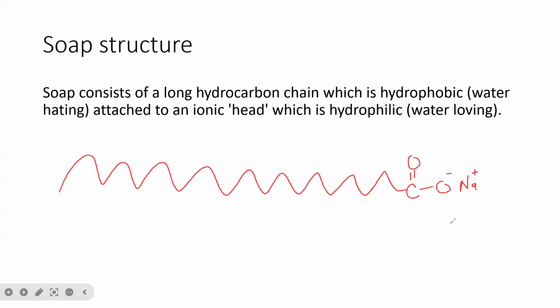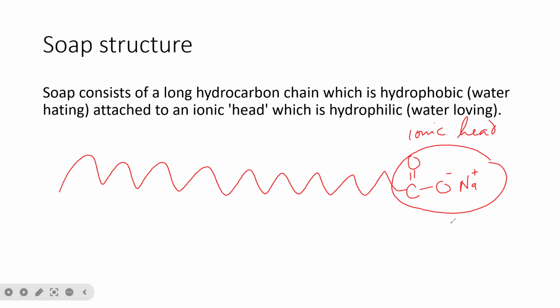Now, this hydrocarbon tail will depend on which fat or which oil it came from, but that is not what is important. The most important thing here is that it has a head which is ionic. So let's write it there. Ionic head is very important. You draw this.